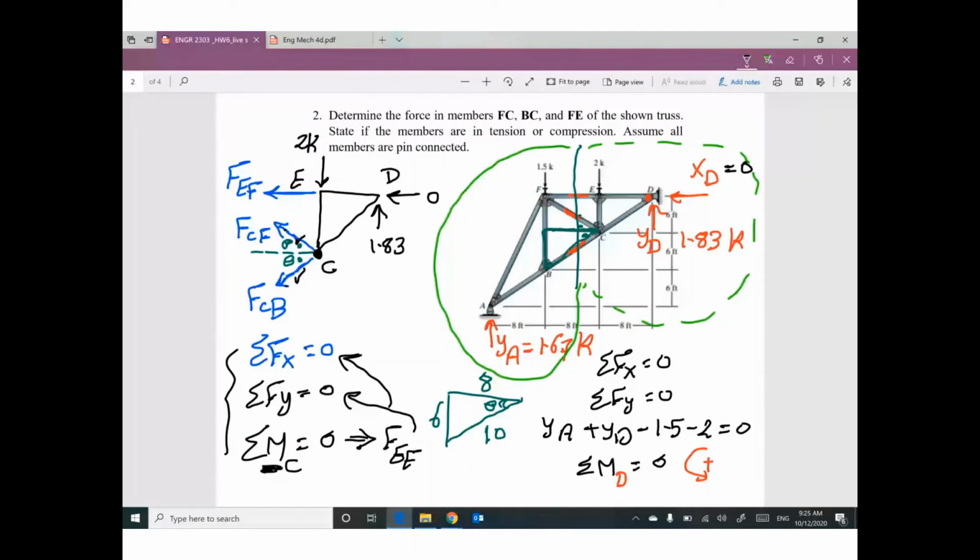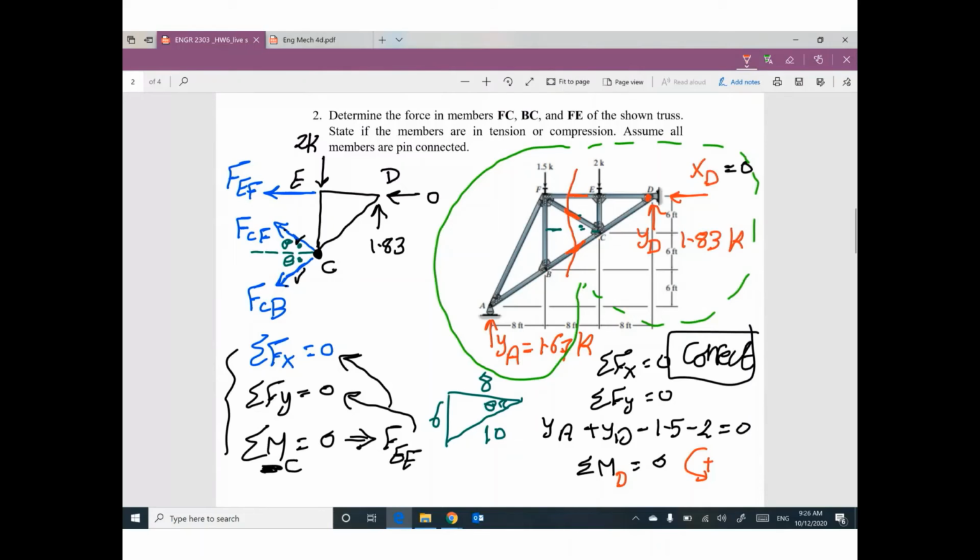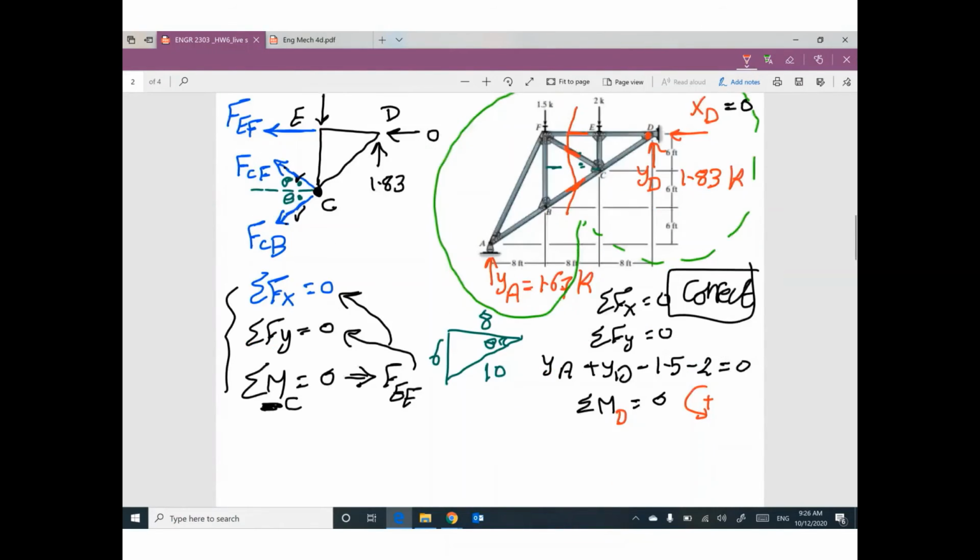Guys, if I'm grading this problem, you have to get your reaction correct. No way, you have to get your reaction correct. Then I will see, based on your section and what is the free body diagram, probably if you didn't get the final answer correct, you can still get a good score in this problem.